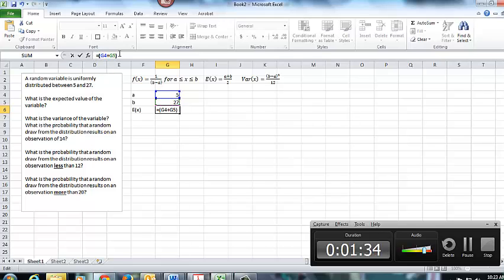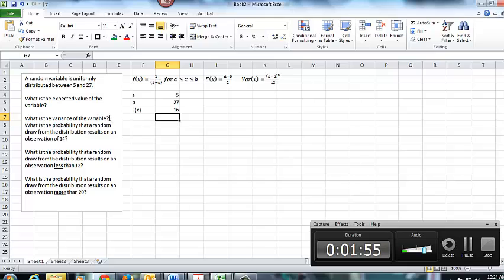Now, obviously, you can do this using your own calculators, but remember, if you're going to do it in Excel, we have to put in the parentheses because Excel doesn't automatically recognize the order of operations, and it would potentially just divide that B by 2. So the expected value there is 16.